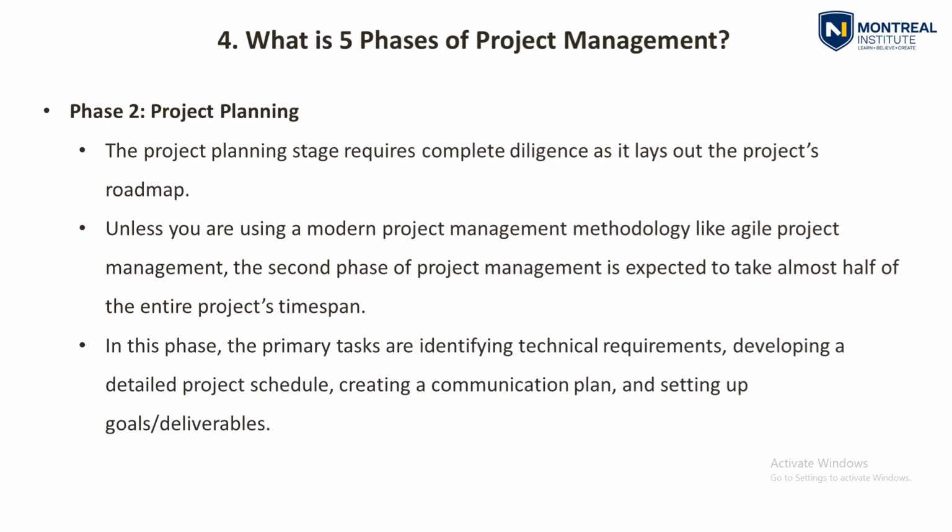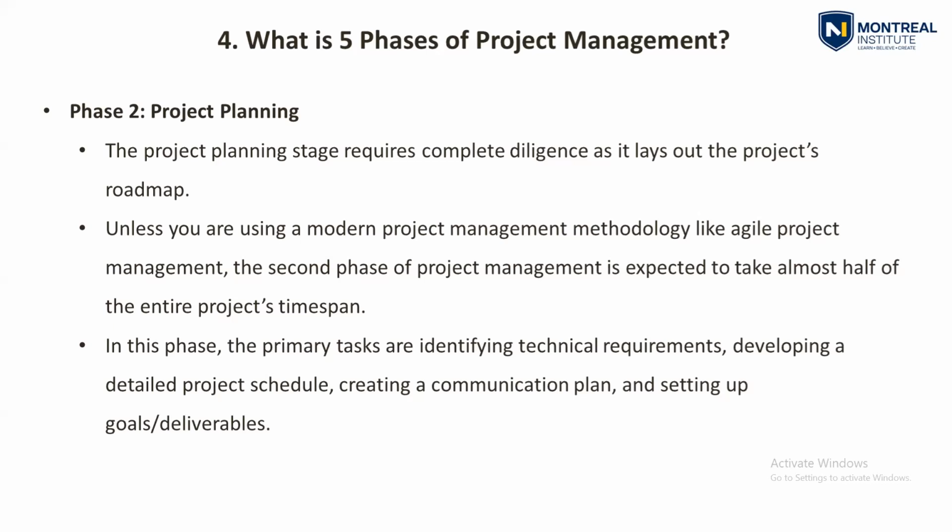In this phase, the primary tasks are identifying technical requirements, developing a detailed project schedule, creating a communication plan, and setting up goals or deliverables. The main things they will identify in the project planning phase are the technical requirements, the engineering side, what they are going to do, and the procurement side, what materials they are going to procure.